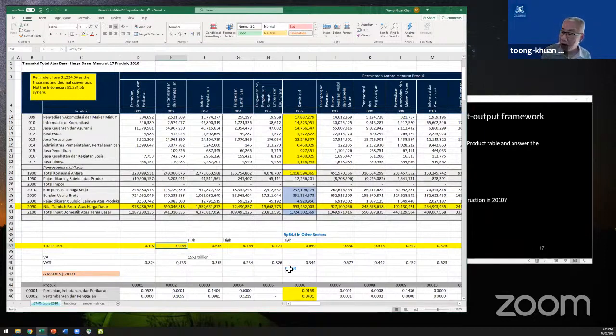So if you spend 100 rupiah in agriculture, other sectors of the economy only increase by 19.2 rupiah. So that is a very small value. But if you spend 100 rupiah in manufacturing, other sectors will increase by 63.5.